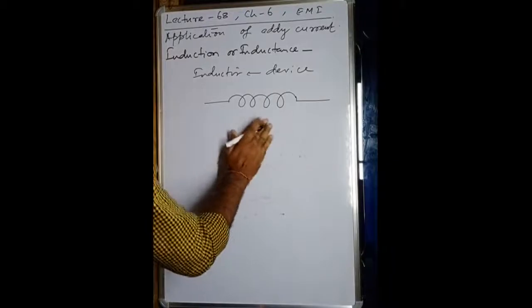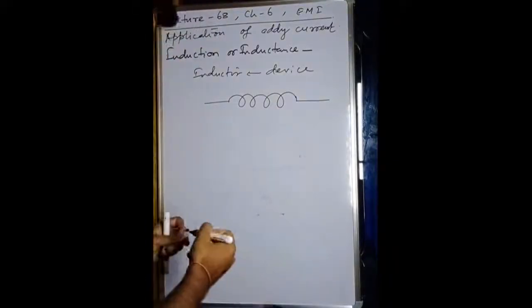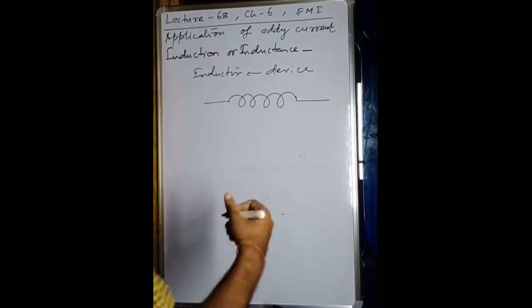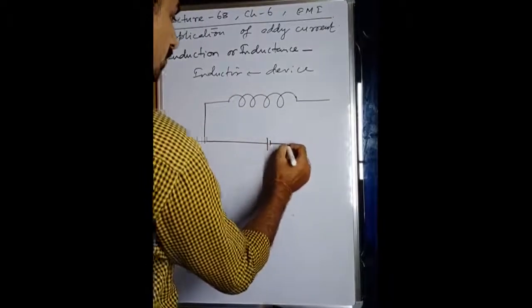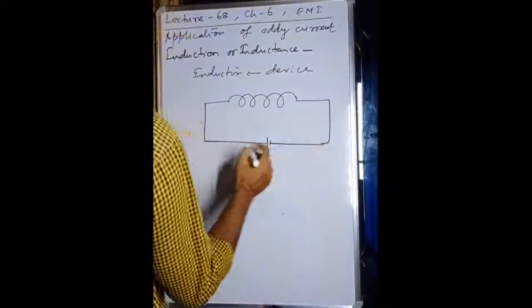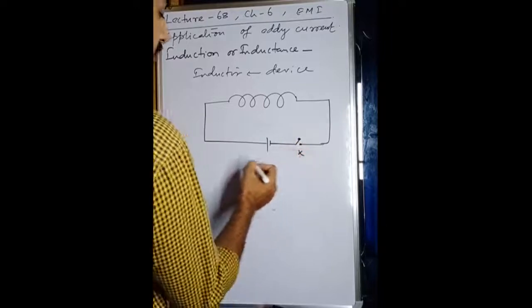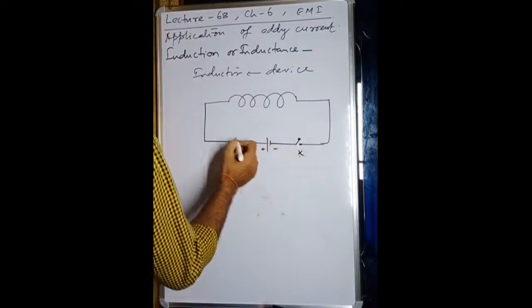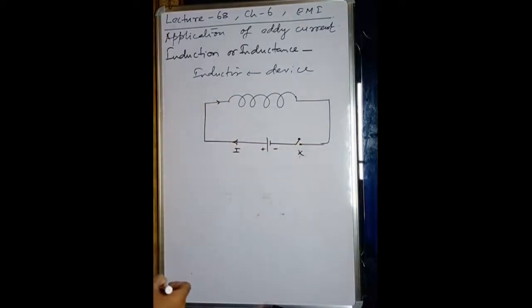As you apply here the source of current, that is the voltage, what happens as soon as you switch on this battery? Current starts flowing, and this current starts moving through this inductor.